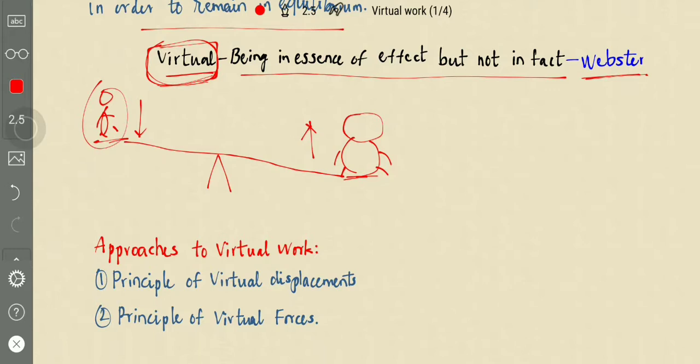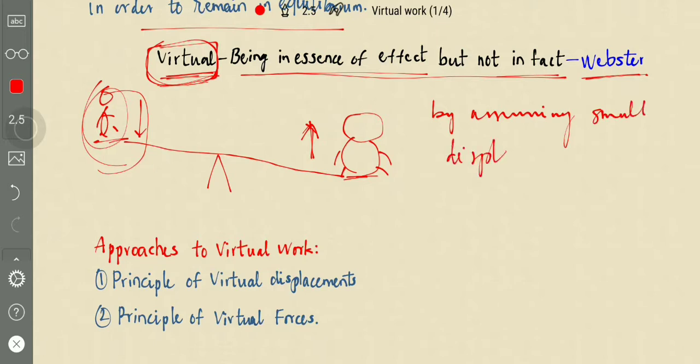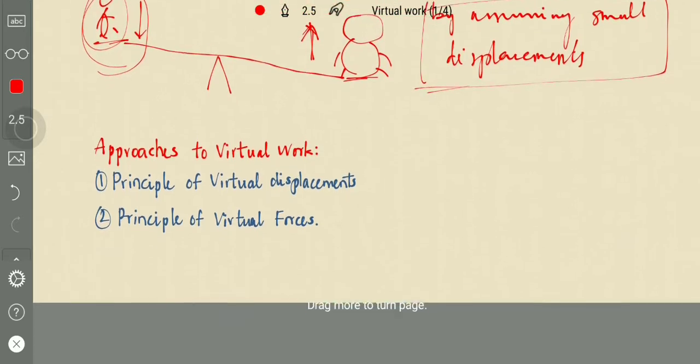But this force has the effect, but it is not moving down. So being in essence of effect but not in fact, the force is applied but it is not moving. This is called virtual. So by assuming small displacements, the equilibrium of bodies is analyzed.